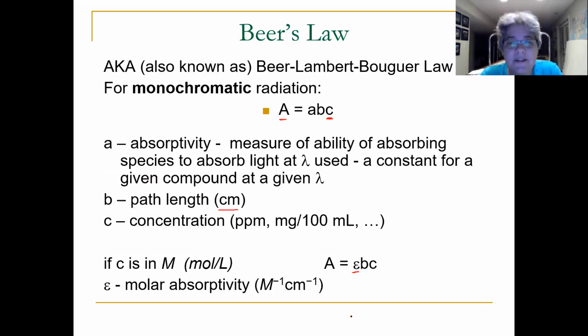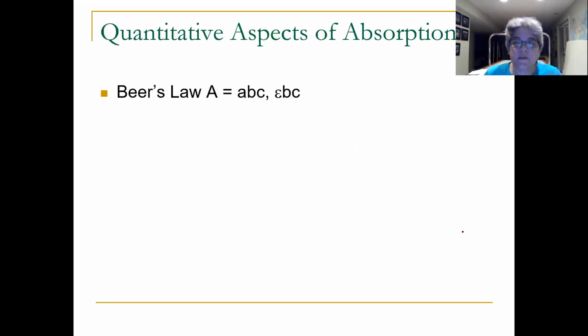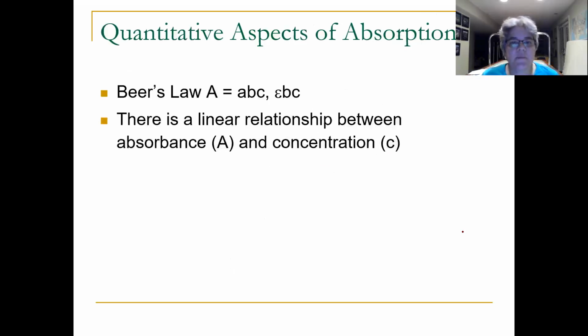The only difference is the concentration for c. If the concentration c is molar, you use this equation. If the concentration is anything else, you use this equation. So Beer's law, one of these two forms, and notice there's a linear relationship between absorbance and concentration.